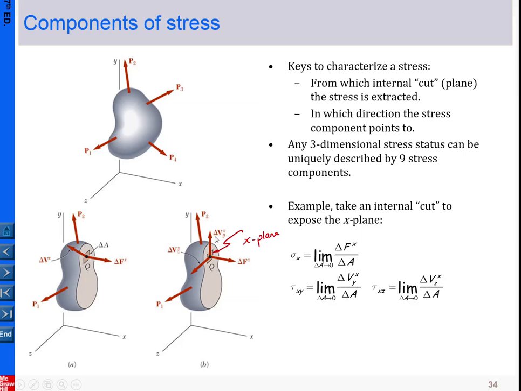In a similar way, dividing a shear force by the corresponding area gives shear stress.